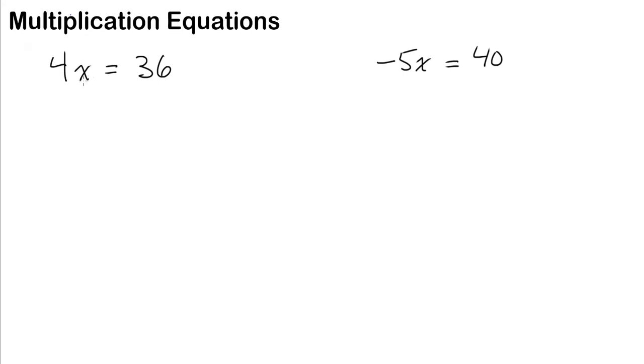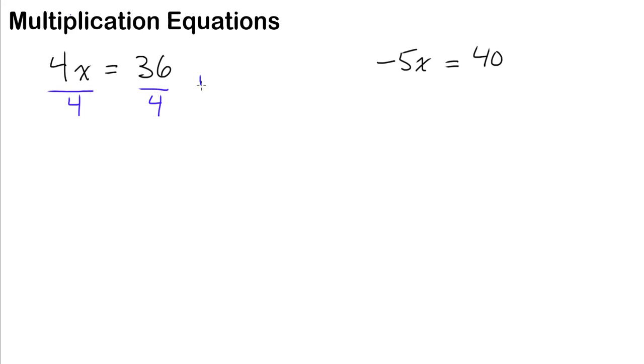sign. So x is being multiplied by this positive 4. So the way I'm going to undo that is I'm going to divide by positive 4. Now, just like before, whatever we do to the left side of the equation, we must also do to the right. So I have to divide the right by 4, and you can see that I'm writing division here as a fraction.